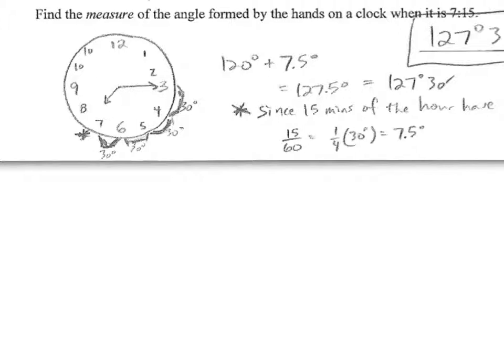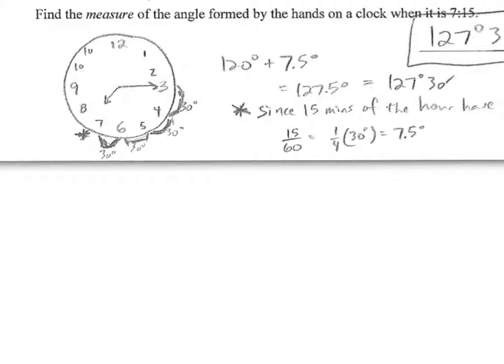So when I look at my drawing, I know that there are at least 1, 2, 3, 4 digits that are spanned by this 7:15 time frame. So I've got at least 120 degrees that's already accounted for from just that span.